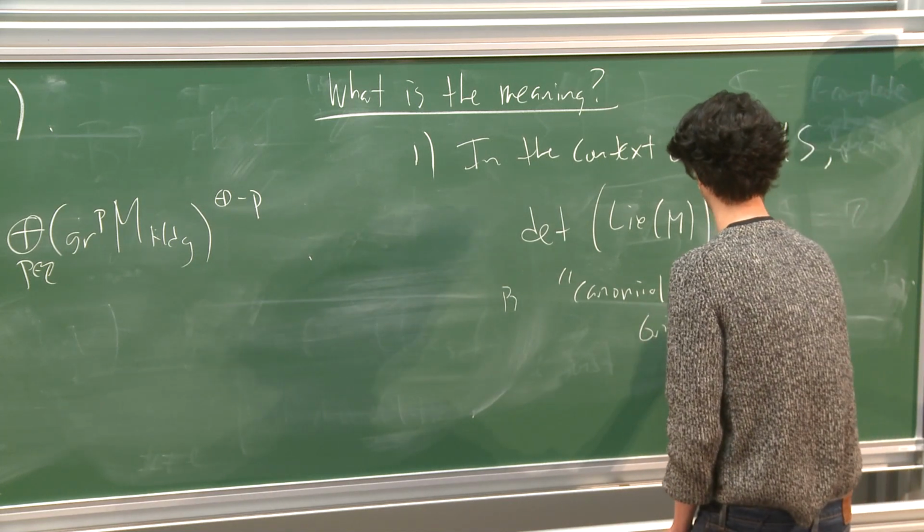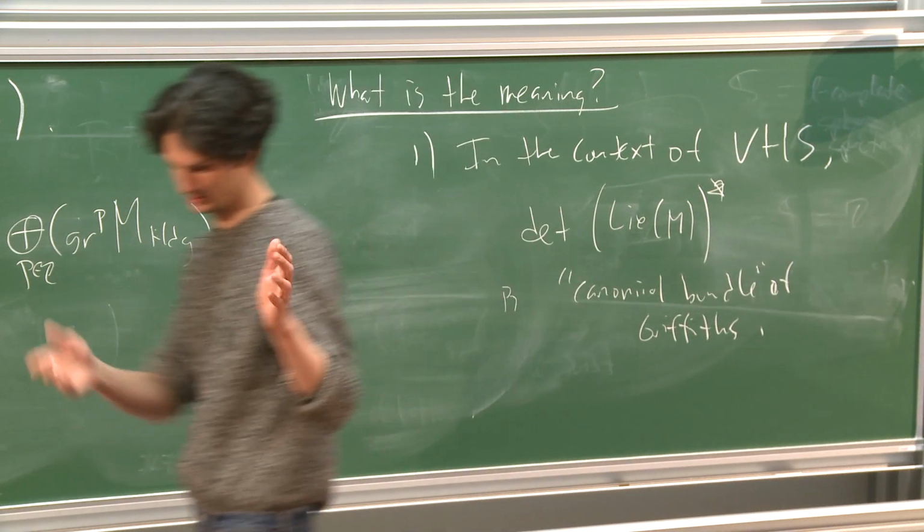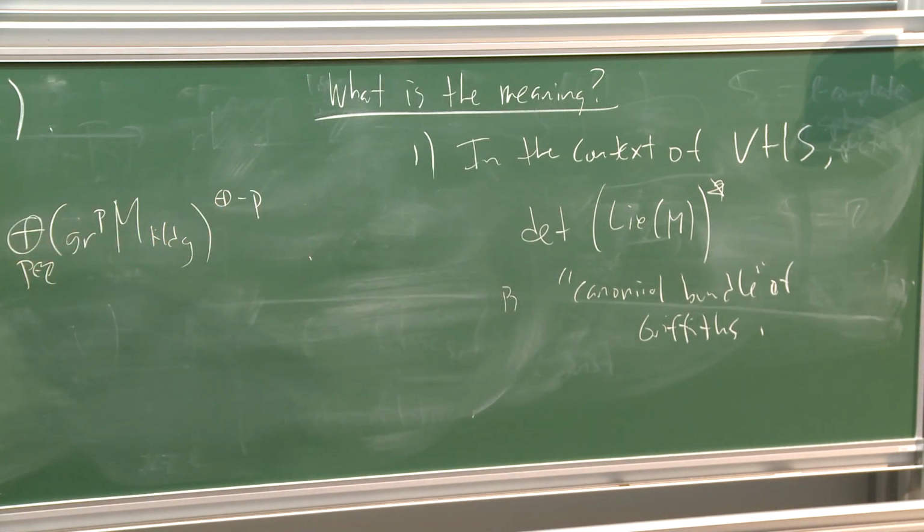It's the line bundle you build when you have a variation of Hodge structures, which he uses as his ample line bundle when proving that images of period maps are algebraic. So it's this very vector bundle, the determinant of this thing up to some sign.